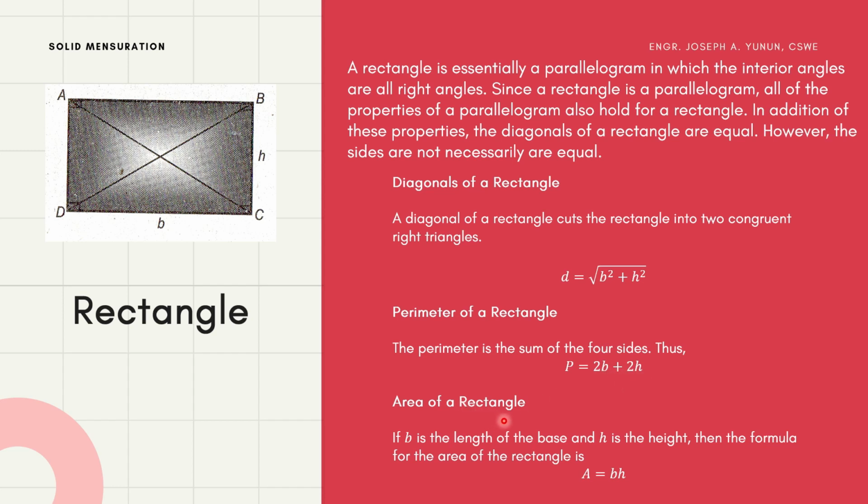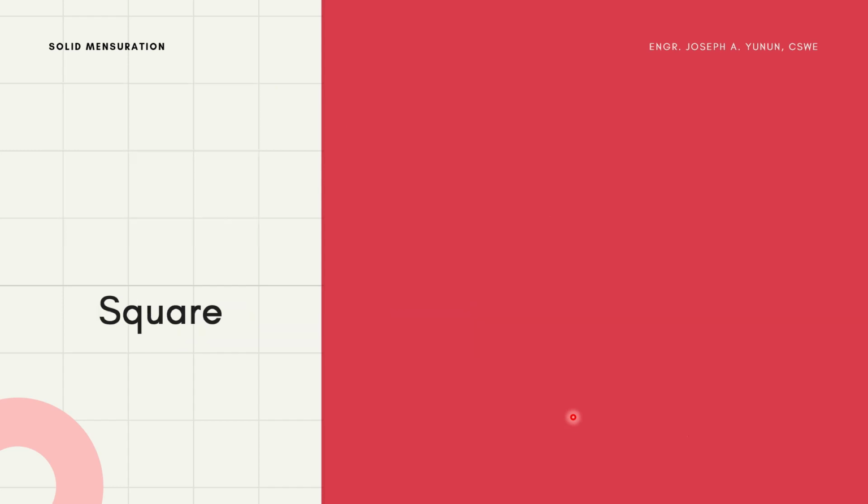The area of a rectangle is simply derived from two triangles. The formula for the triangle is one half base multiplied by height, and you multiply that formula by 2. That gives us base multiplied by height for a rectangle.